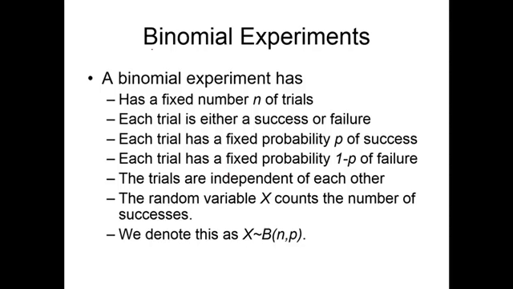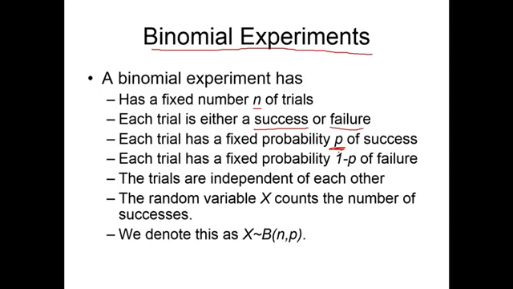So what is a binomial experiment? Well, a binomial experiment has a fixed number of trials, like hypergeometric. Each trial is either a success or a failure. Each trial has a fixed probability P of success.